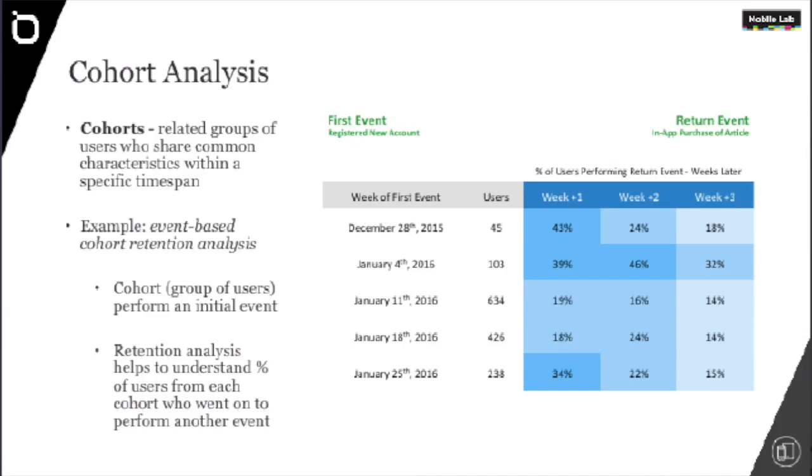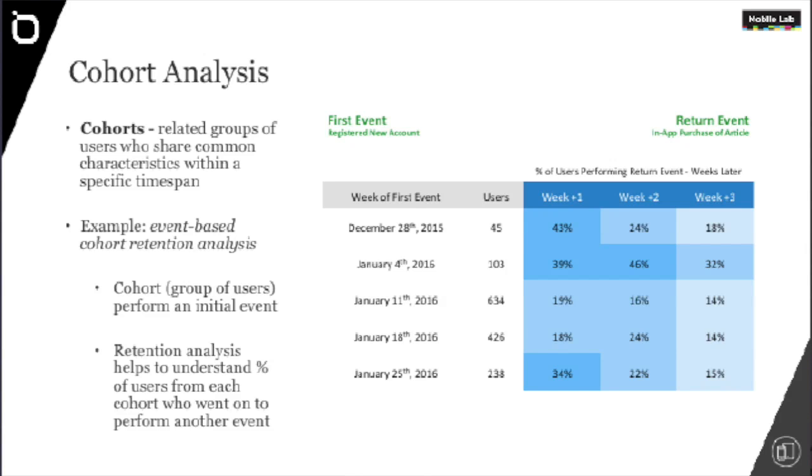Cohort analysis. This is another cool feature, and we'll look at an example of this in the demo app that I have in a minute. What are cohorts? Well, they're related groups of users who share a common characteristic within a specific time span. What does that mean? Well, something like this. On this day, 45 users signed up for the application. That's the common characteristic.